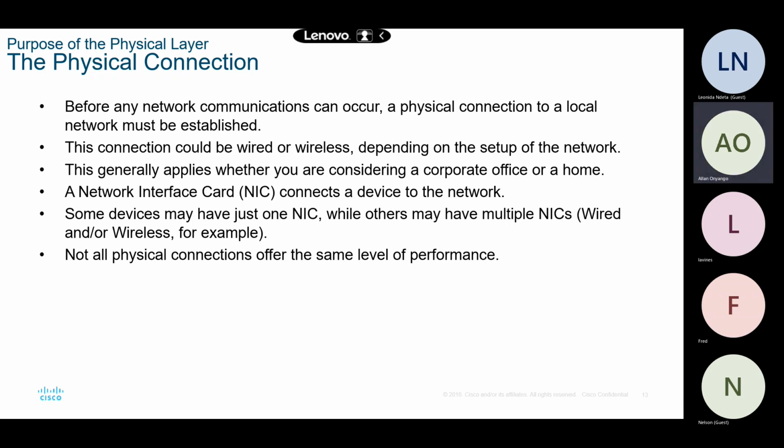Now, we have different types of networks. Some are wired and some are wireless. Each and every device within your network must have an adapter called the NIC adapter, Network Interface Card. Some devices, for example your laptop, can connect to Wi-Fi and can still connect using an Ethernet cable.